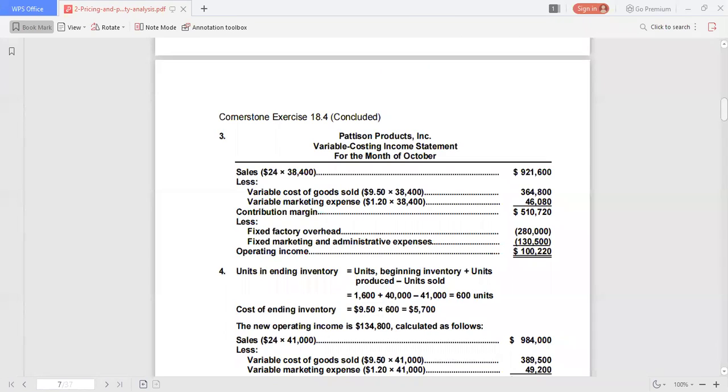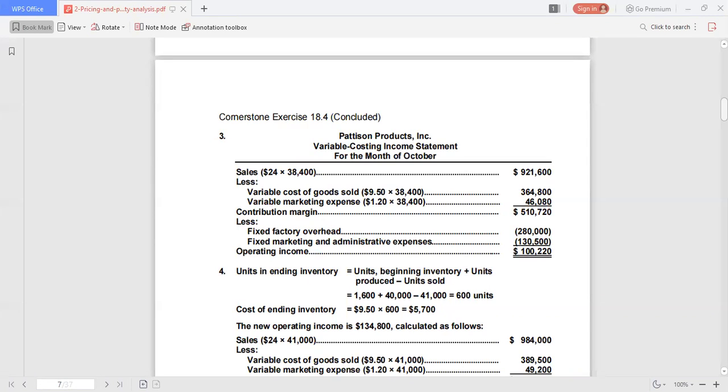I have mentioned earlier that in variable costing, the fixed factory overhead is not included in your cost of goods sold, but it's treated as a period cost together with marketing and administrative expenses which are fixed. So we have now the operating income equal to 100,220. That's for the month of October.